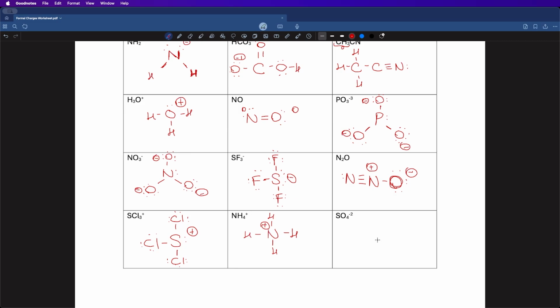SO4 with a -2 charge. Let's try to put sulfur in the middle with oxygens all around it. And if we want to satisfy sulfur's internal bonding, let's try to give it 6. So what it could look like is 2 bonds each and then 1 bond each, so these 2 oxygens will also be satisfied, right?